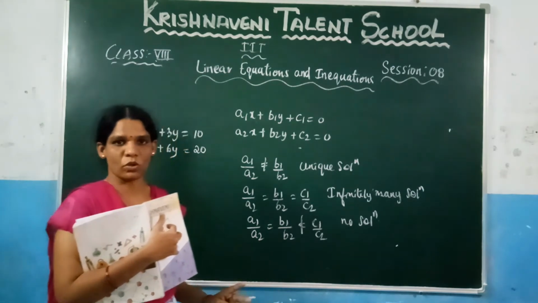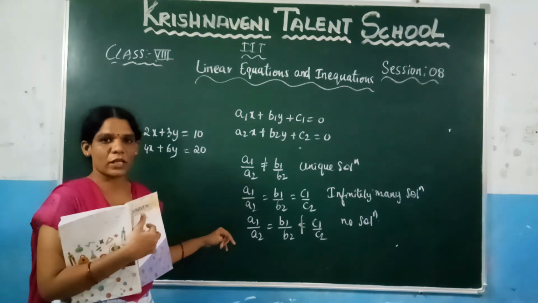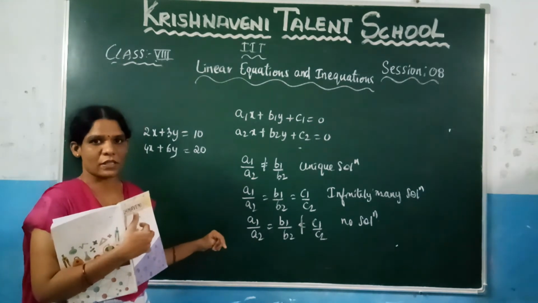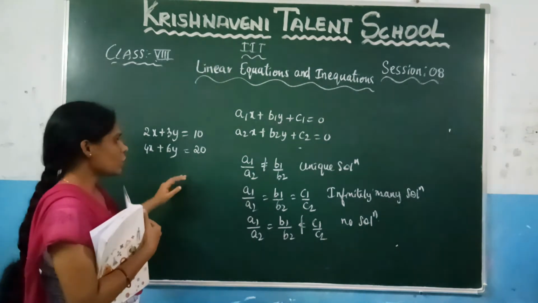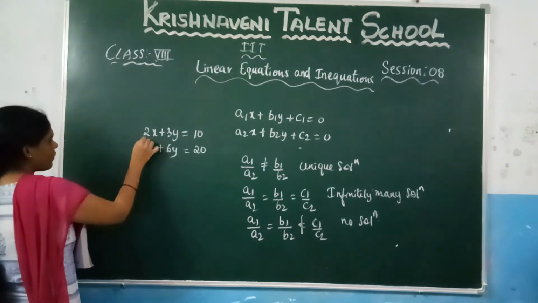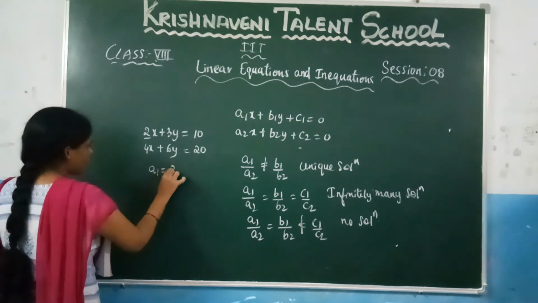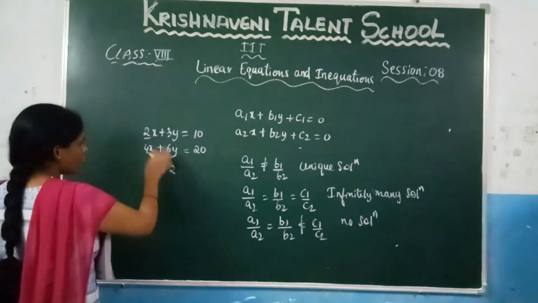These four methods you know. If you are given any two linear equations in two variables, you can solve by using those methods. But without using those methods, you can solve this one. So how do you solve this? What is the value of a1 here, which is 2? The value of a1 is 2 because it is the coefficient of x.